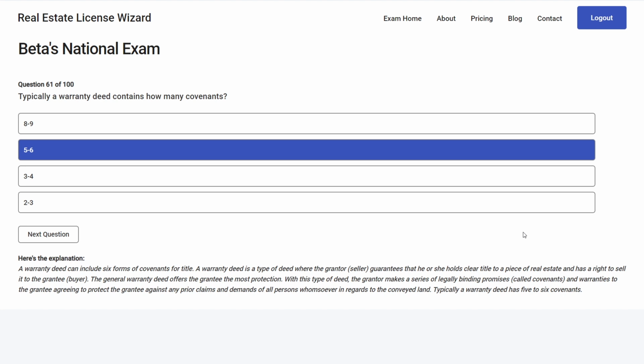So it's a big mouthful. Basically, in a warranty deed, these things called covenants have 6 promises, and they're promises for the person that's receiving the property, that the previous owner is guaranteeing that there's no issues. Like, you're gonna get the property and it's 100% yours. But yeah, so that's what that is.